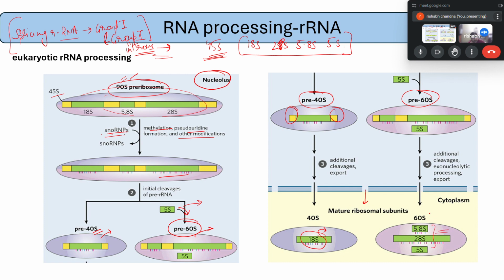And remember one thing, that 60S is the largest subunit passed through the nuclear pore. This can be asked in some of the competitive examinations. So this is how the eukaryotic rRNA is processed from the 45S precursor and exported.